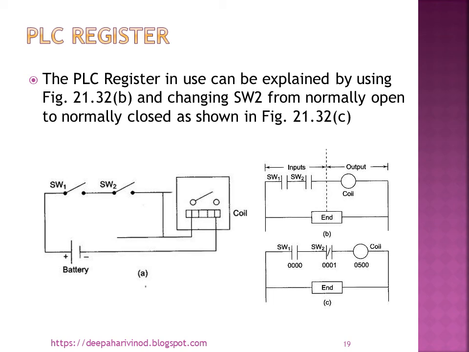Most PLCs use 16 slots or bit storage locations. In the example given in the next slide, we can see that two different storage locations of PLC registers are used. In the table, two registers, 00 and 05, can be seen in the coming slides.